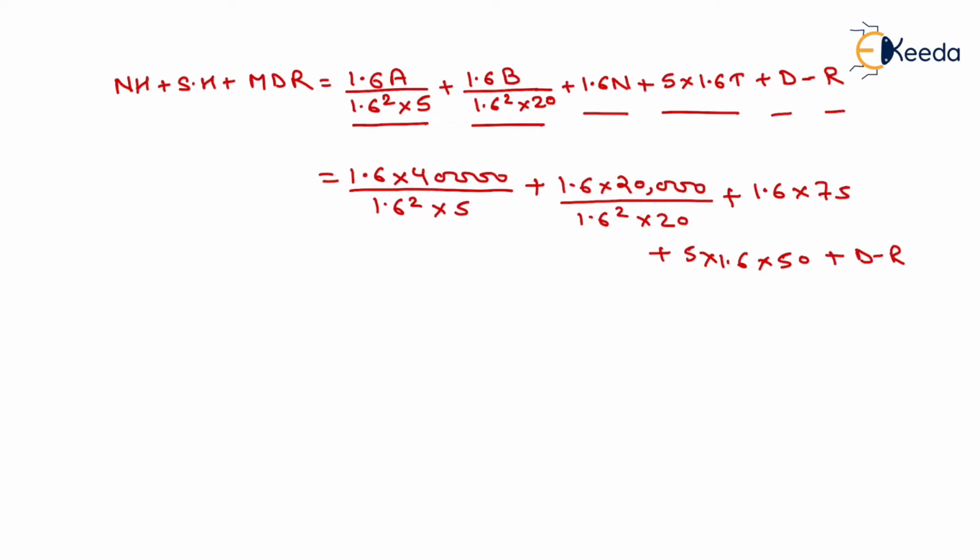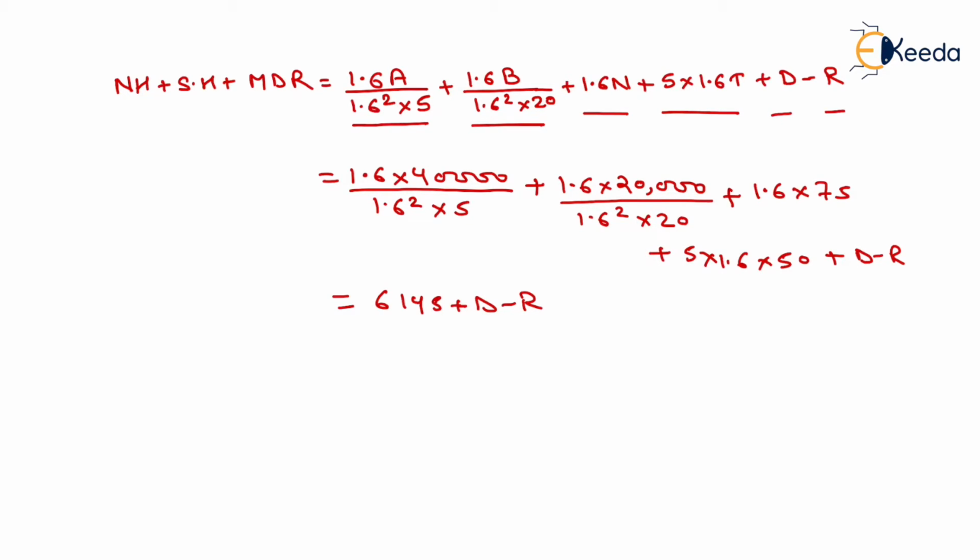After solving this, we will get the total value as 6145 plus d minus r. That will be the length of national highway plus state highway plus major district road.